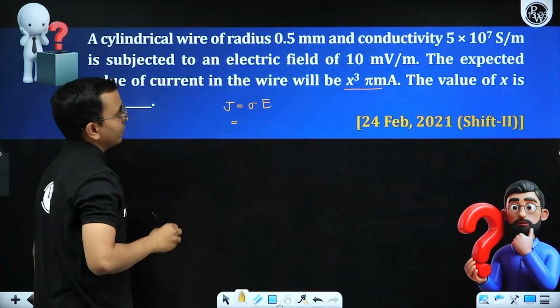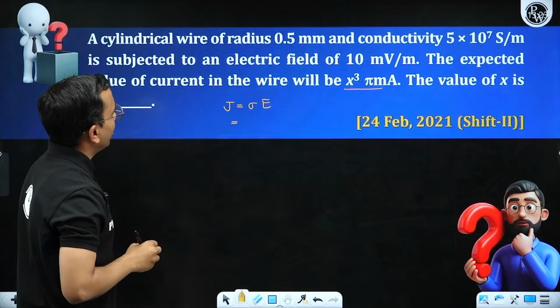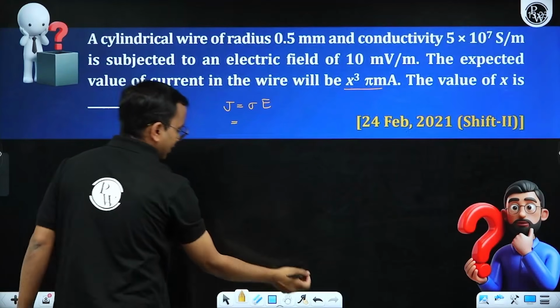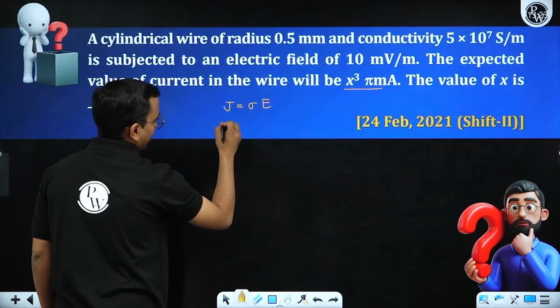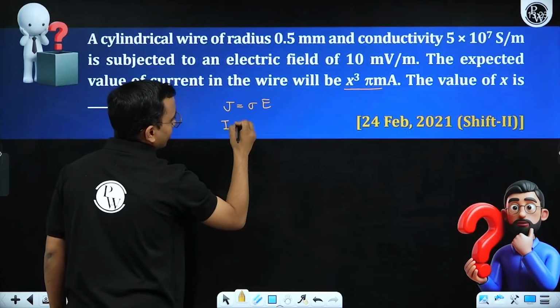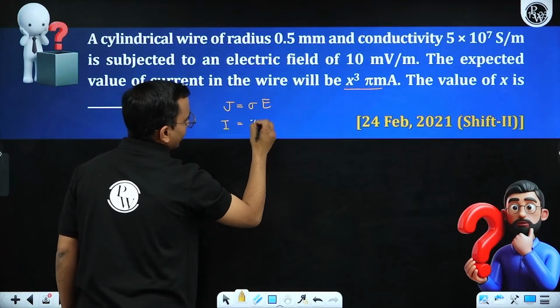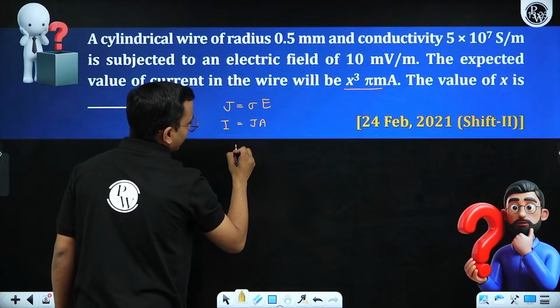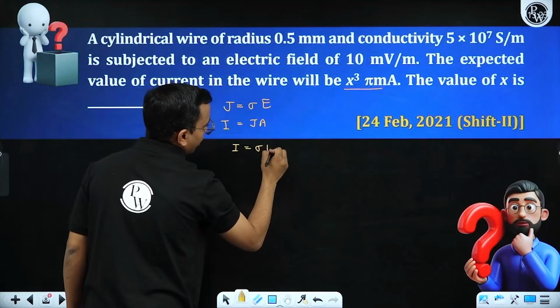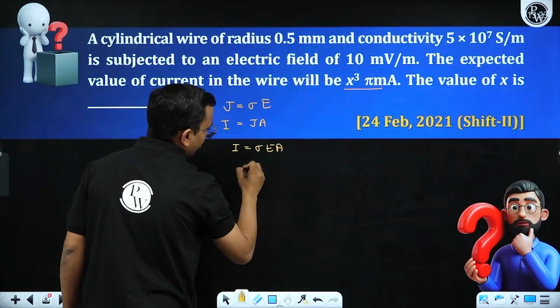So I is basically J into A. So what is I? Sigma E into A. Now let us put the values.